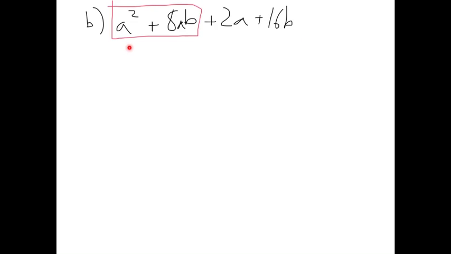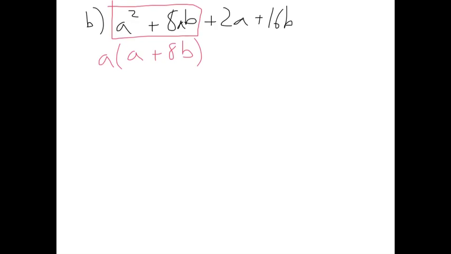But because there's no greatest common factor to every term, I've got to do a slight modification. So I'm going to factor A just out of that first pair, leaving me with what? That'd be A plus 8B.